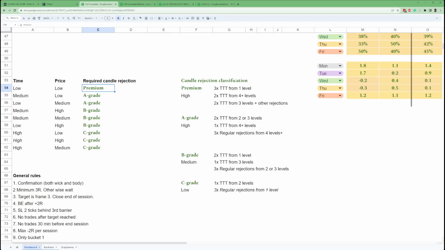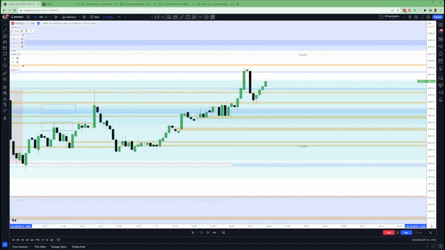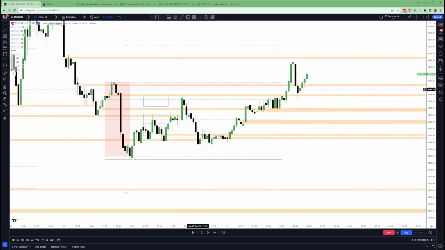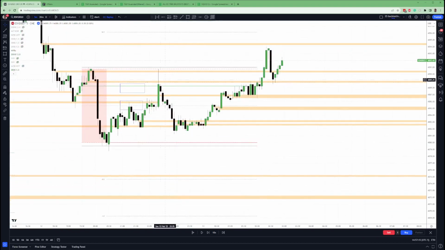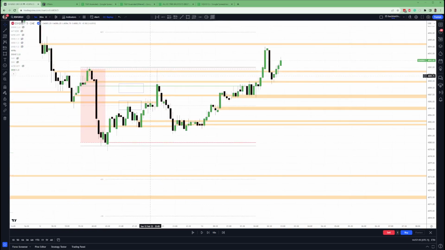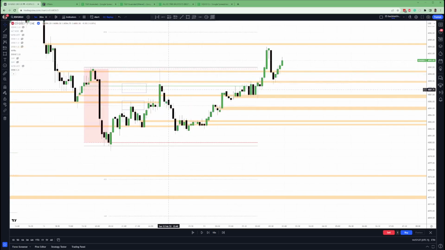An example of this is when it's making a new AMR after the median time of max retracement. So time is not really in our favor anymore, and we're also, for example, here above the price cluster. So from a time and price perspective, we're not interested anymore. But with this current model, we would still be interested if we see a premium rejection.